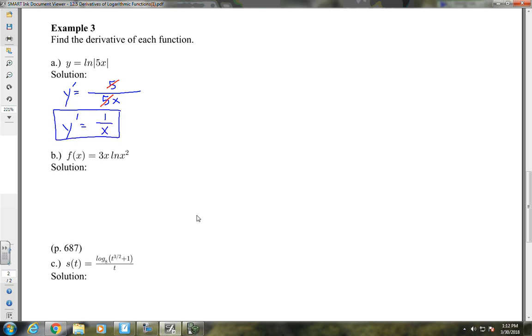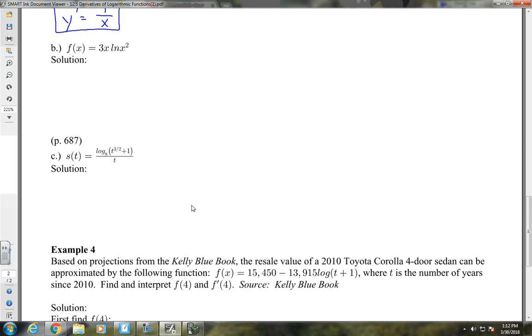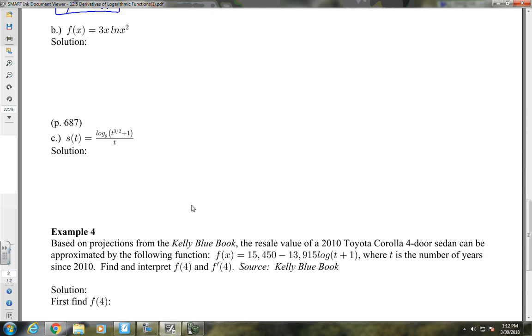On examples B and C, notice we're not only going to have to employ our new formula for differentiating logarithms, but also the product and quotient rules. So on example B, observe we have the product of two functions of x.